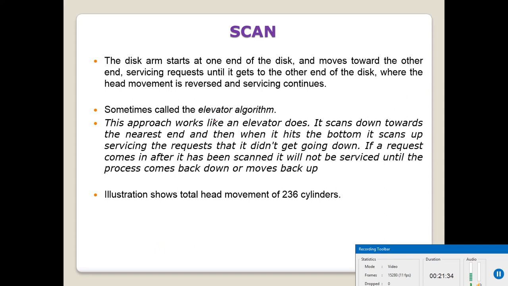It scans down or up towards the nearest end, and when it hits the bottom it scans up, servicing the requests that it didn't get going down. If a request comes in after it has scanned, it will not be serviced until the head comes back down or moves up. I will explain this point in the example.